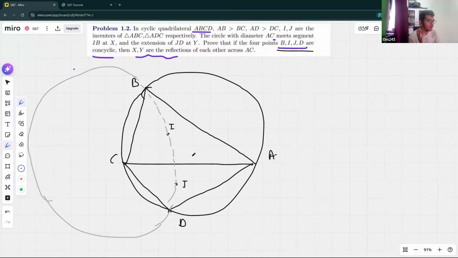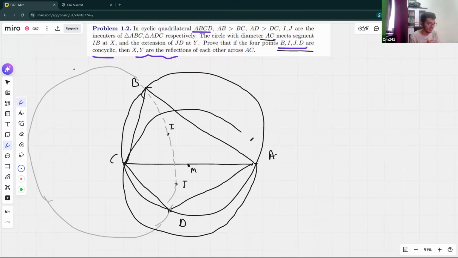Now, okay, I need to introduce things. First we introduce the midpoint of AC, obviously, which is M, because we have the circle with diameter AC, so M is the center. Now there's this circle. Assume this is the circle.